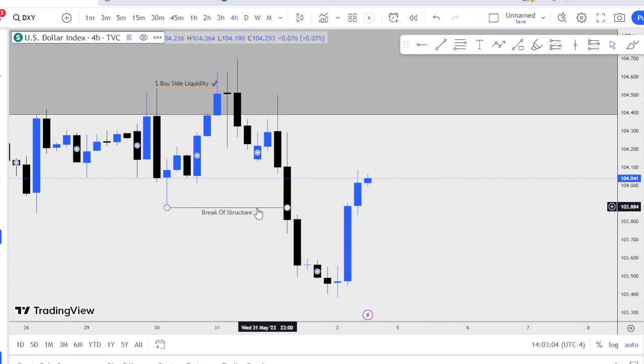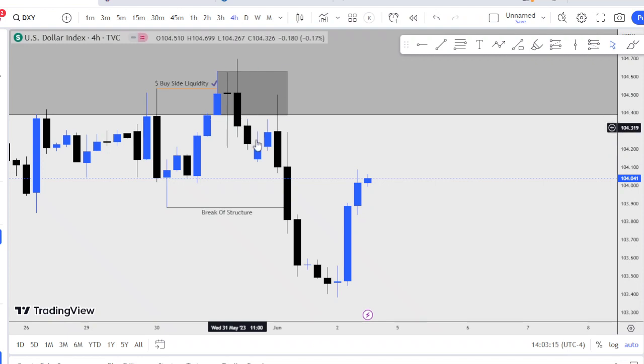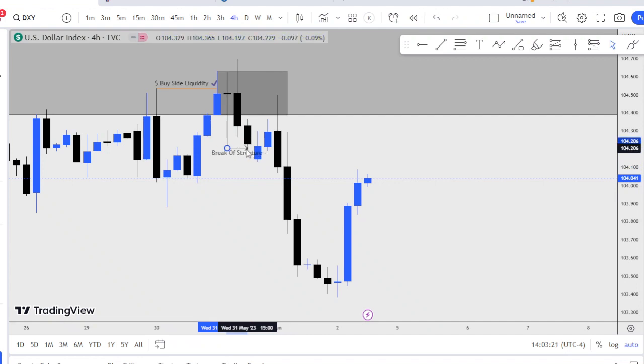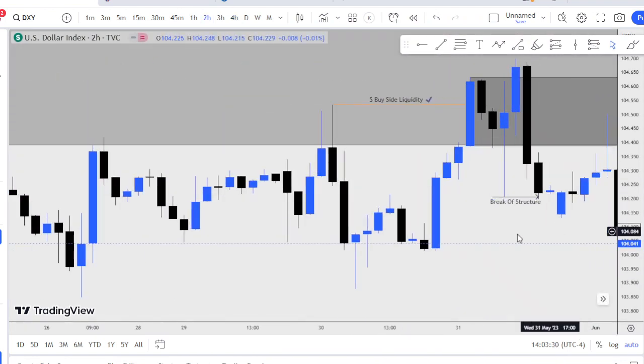If we go to the lower time frame, we are going to find two order blocks. The first order block that I will consider is this one, and if we become very serious with this, you can see the break of market structure occurred here when this low was broken. So let's drop to the 2 hours time frame so that we can understand what we are talking about much better.